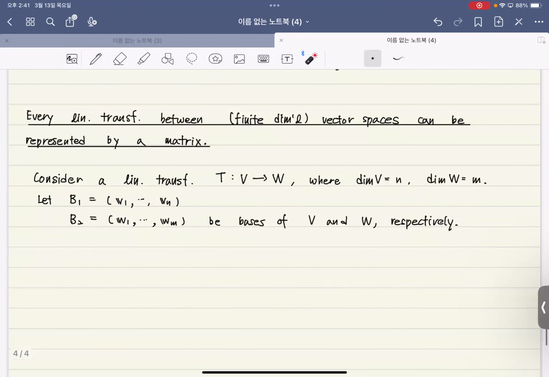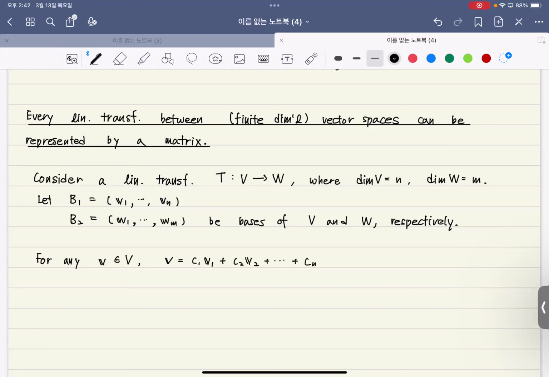So why do we introduce the basis? The entire point of introducing a basis is that if you have a basis, then you can pinpoint any vector by a collection of coefficients. So for any vector v from V, this vector can be written as c1 v1 plus and so on, a linear combination of these basis vectors.